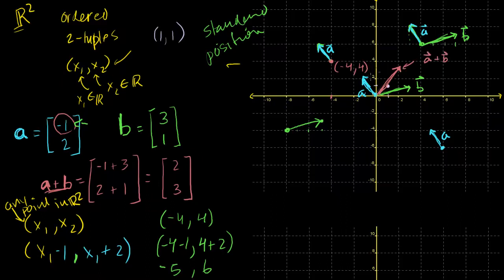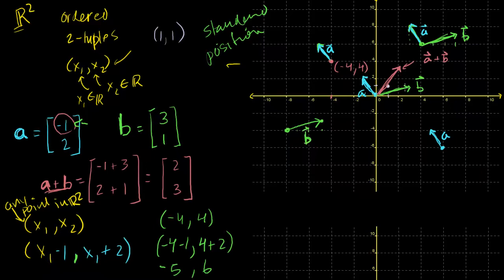When you draw it like that, it's not clear what the relationship is when we added A and B. But to see the relationship, what you do is you put A and B head to tail. And what does that mean? You put the tail end of B to the front end of A. Remember, all of these are valid representations of B. They're all parallel to each other, but they can start from anywhere.